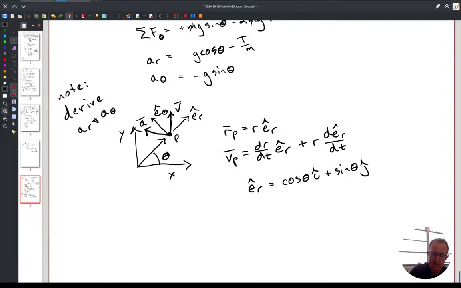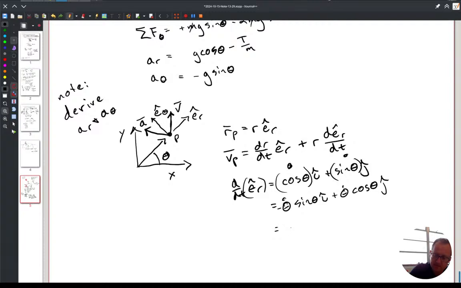So really I'm just taking d dt of this, taking the dot here and the dot here. So this ends up being a theta dot sine theta, so negative, plus a theta dot cosine theta along that j, or this is theta dot times negative sine theta along the i plus cosine theta along the j.